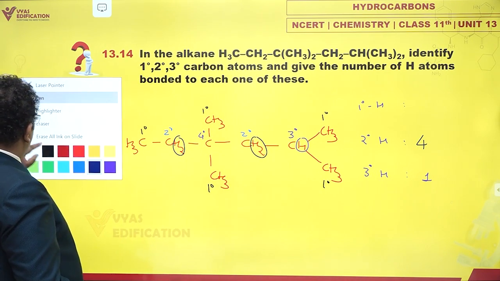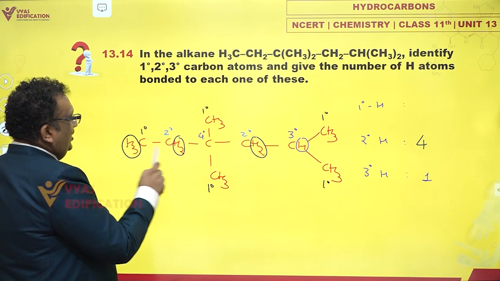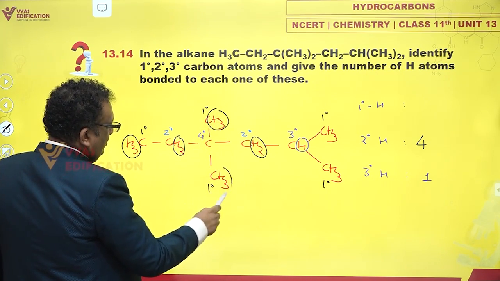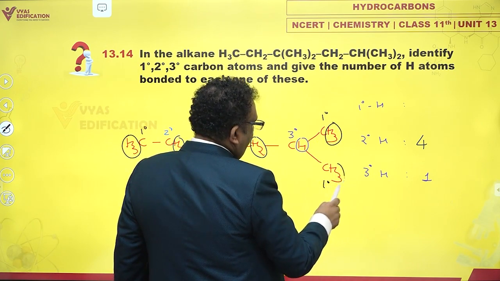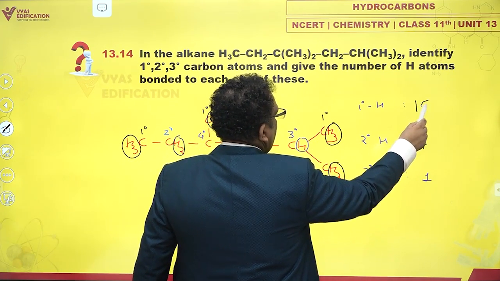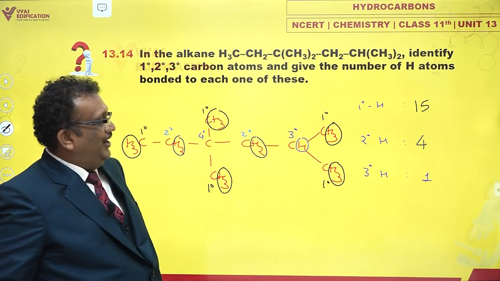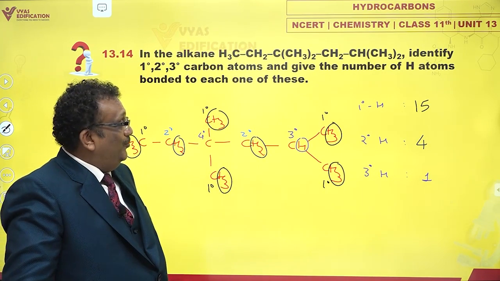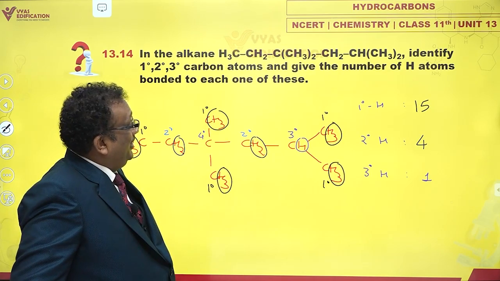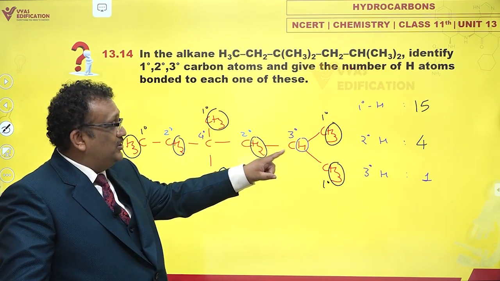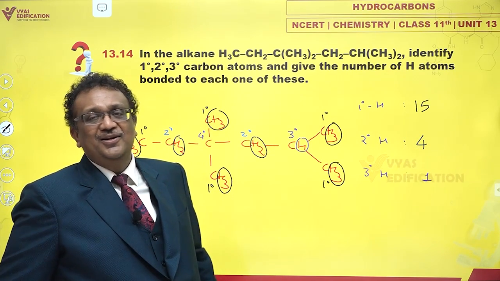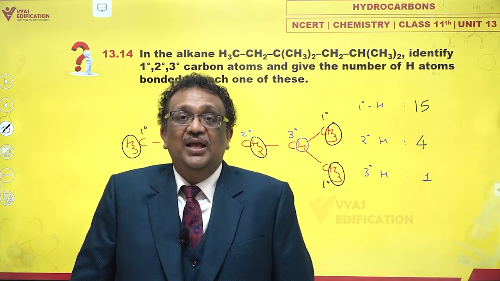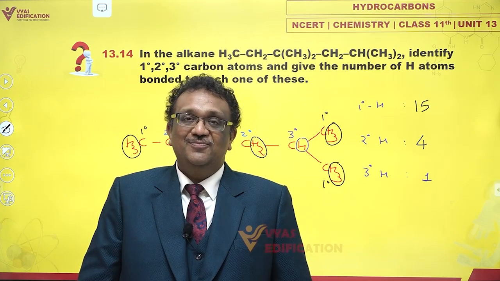And what about primary? 3, 3, 3, 9, 3, 3, 15. I have 15 primary hydrogens, 4 secondary, 1 tertiary, and 0 quaternary. Obviously, I have 20 hydrogen atoms.